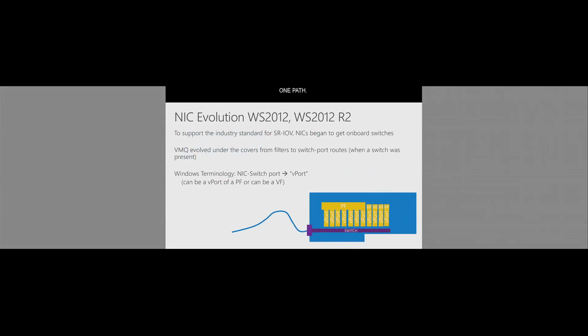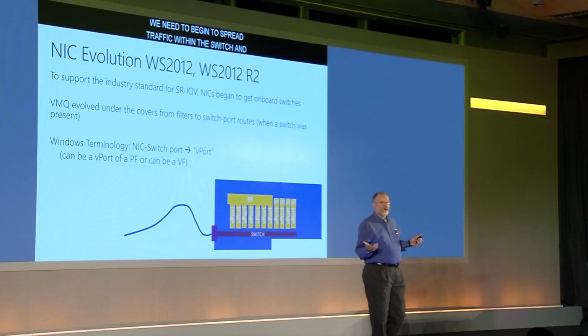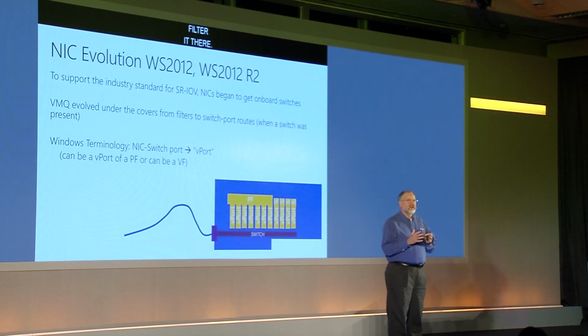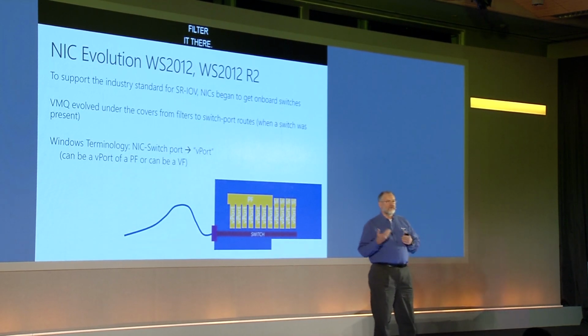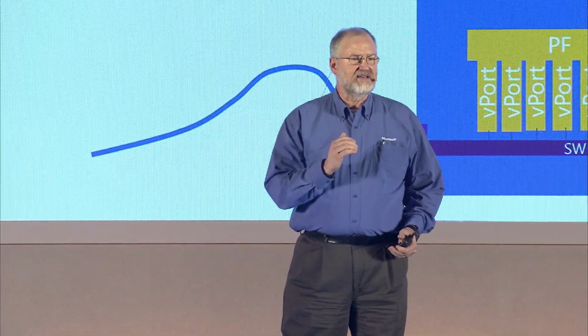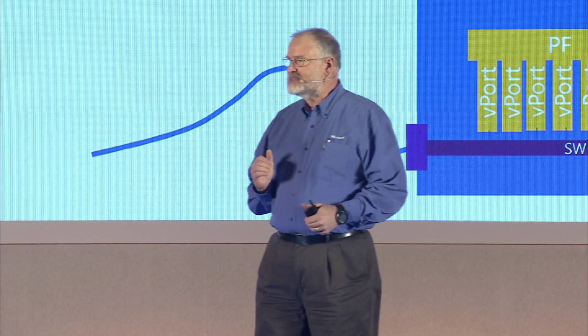We need that switch. We need the ability to begin to really spread traffic within the switch and filter it there. What this allows us to do then is as packets come in, now that we run more and more in the Hyper-V environment, we can say all the packets for that VM stick in 1 queue. And the packets for the next VM stick in the next queue. And then when we get an interrupt for a queue in the OS, we know that every packet we get is going to the same place.